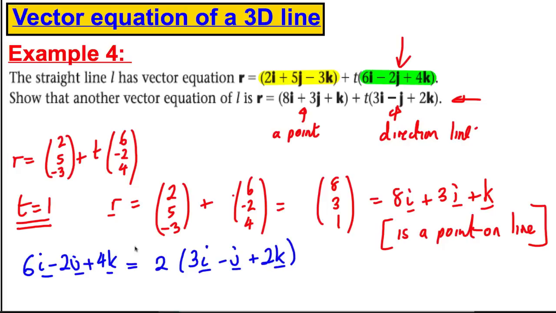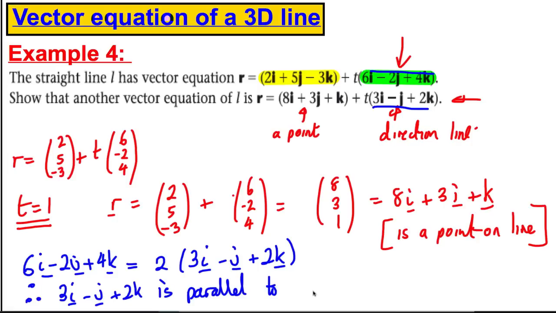So therefore these two directions are parallel, because that's twice that. So 3i minus j plus 2k is parallel to 6i minus 2j plus 4k, which was the direction we're given. You've shown that point's on the line, you've shown this is the same as that direction, hence you're done. And we're finished for this.